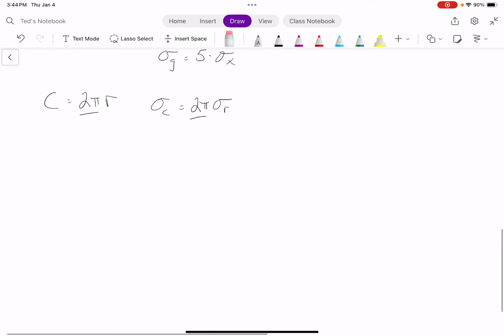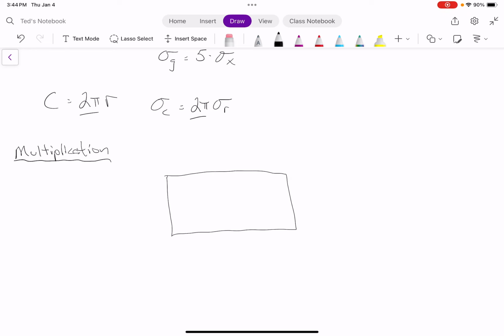All right, let's talk about multiplication in general. So if both numbers have some uncertainty, for example, let's say I wanted to find the area of a box, and it has a length and a width, and we want to find the area. We know the formula is area equals length times width.